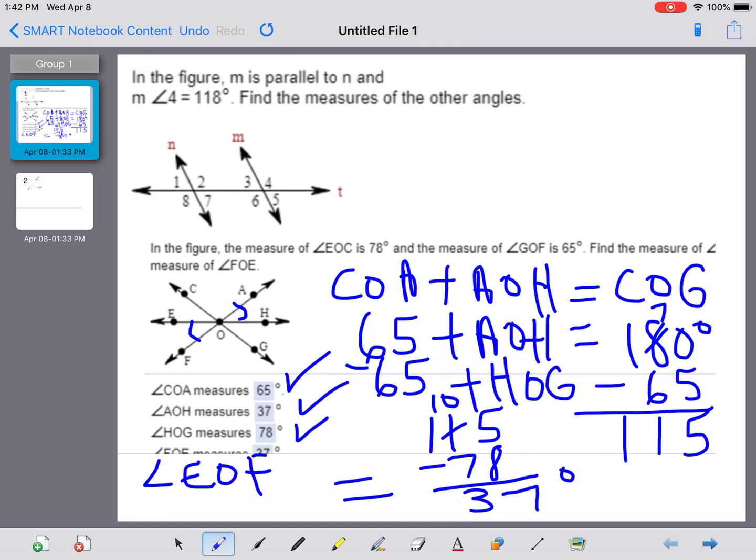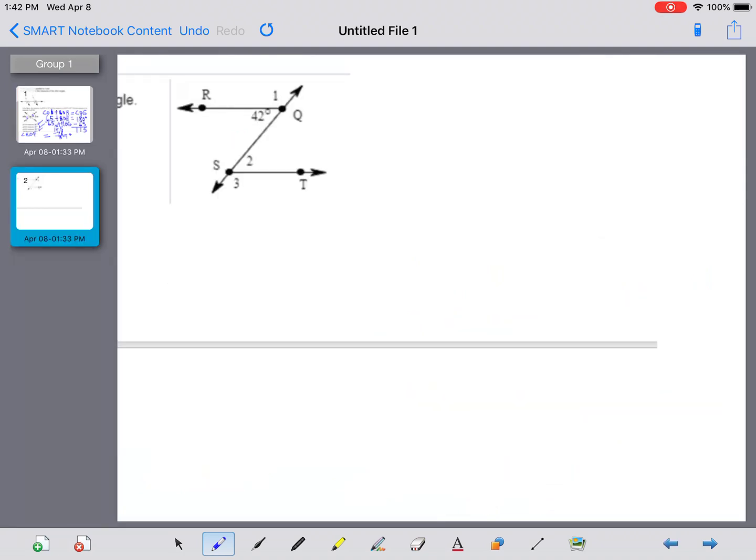Let's look at one more example involving angles and lines. Given ray QR and ray ST are parallel lines, or parallel to each other, and we're given an angle measurement 42 degrees, we need to find the measures of angles 1, 2, and 3.